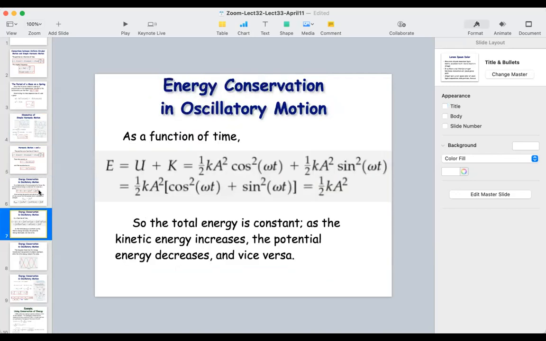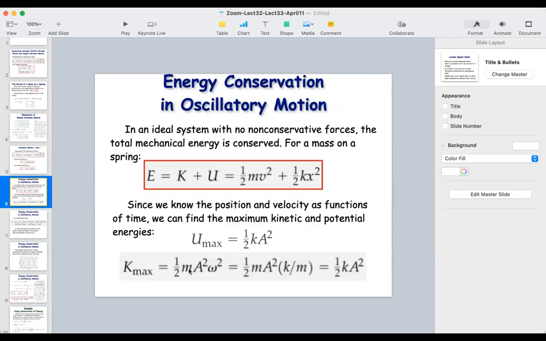Let me go back, where was it? Yes, here. A squared, omega squared. Or if you don't have omega, but you have k and m, then it is 1/2 m A squared, where omega was the square root, remember, of k over m. So the square root squared goes away, and you have 1/2 m A squared k divided by m. You see the mass is here and here, so we can remove it.